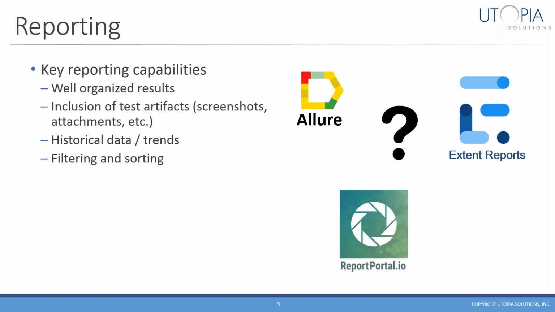Many of them provide the feature of filtering and sorting test results, so if you want to search through a large number of tests, you can easily do that. And you can also find out which tests are taking shorter time and which are longer, so that you can improve your tests and make them execute in the shortest time possible.